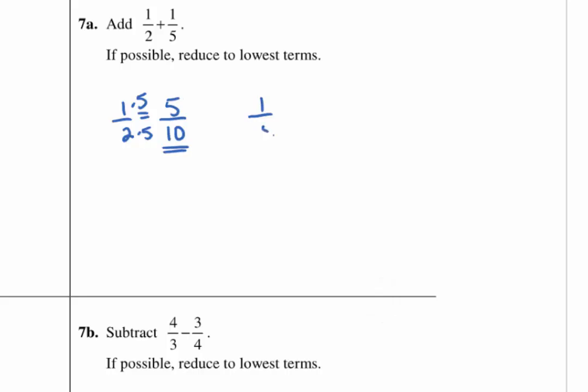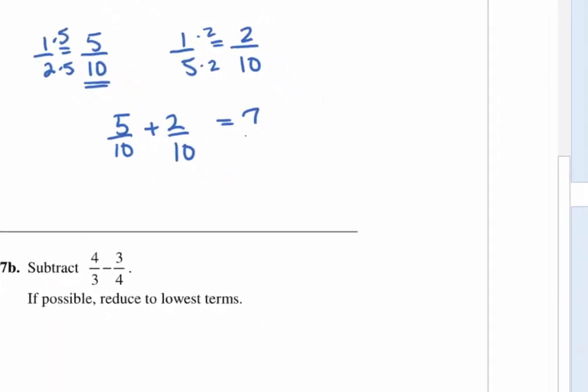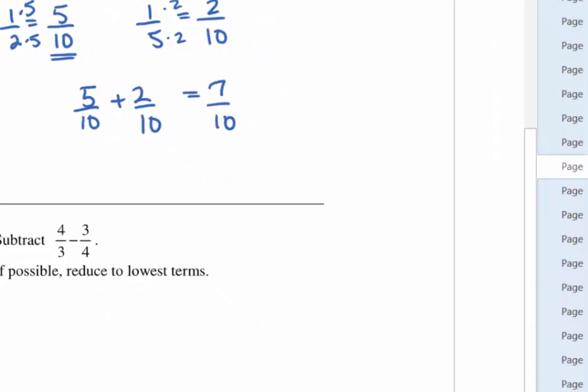Do the same thing with 1/5. If I make 1/5 into a fraction whose denominator is 10, I need to multiply the numerator and denominator by 2, which gives me 2/10. So 5/10 plus 2/10 would equal 7/10.